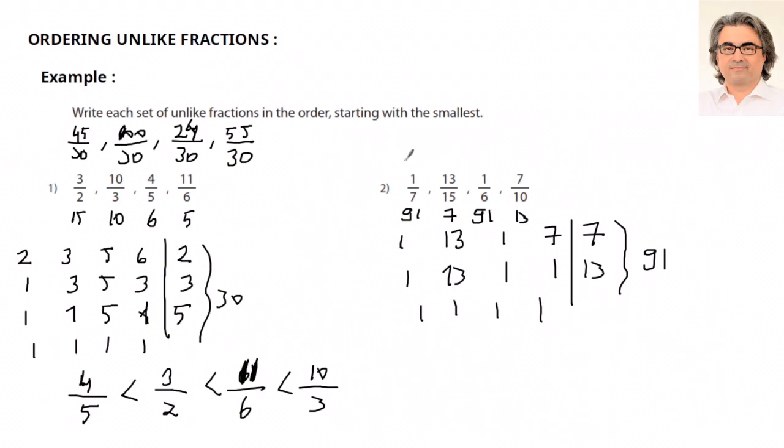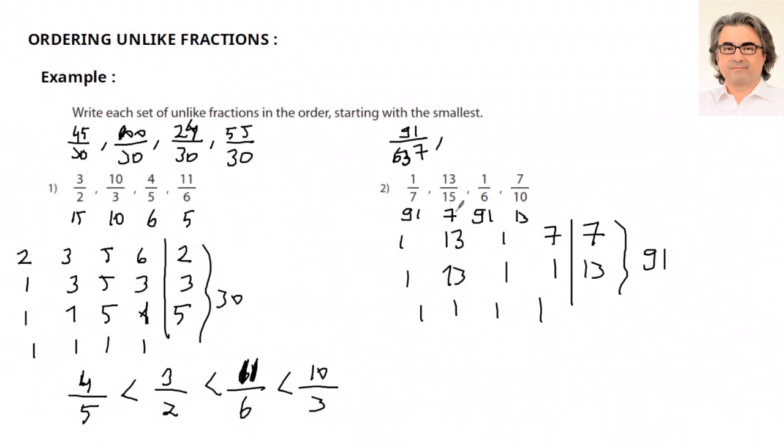So which fractions will I get after multiplying numerators and denominators with these numbers? 91 times 1 is 91 over 7 times 9 is 63.